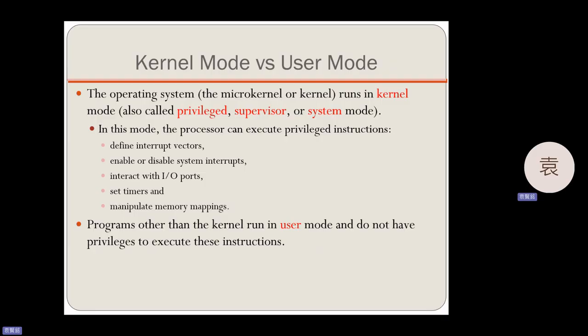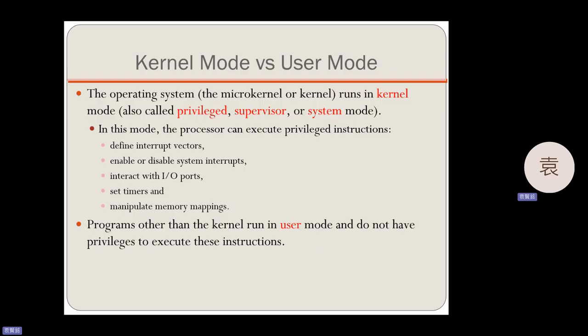Modern CPUs or processors usually support this two-mode operation. They keep some privileged instructions in kernel mode, and the other instructions can be run in user mode.